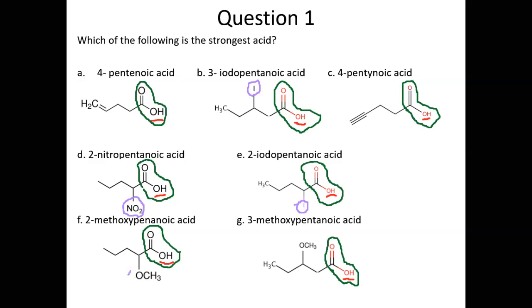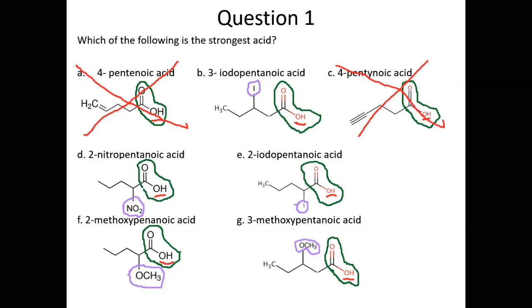F does, it has a methoxy group. And G does, it also has a methoxy group. So what we can do right now is get rid of two of these because they don't have electron withdrawing groups. So A and C will not be in the top contenders for the strongest acid.